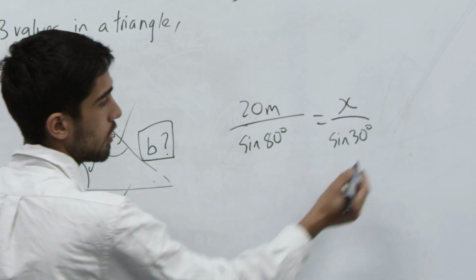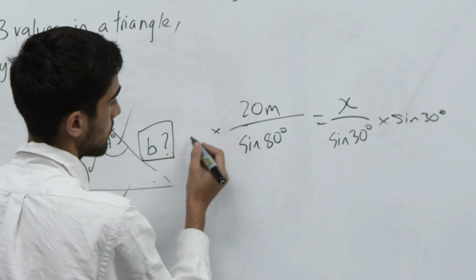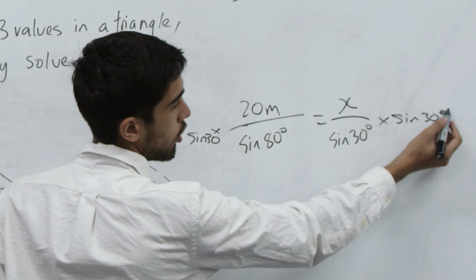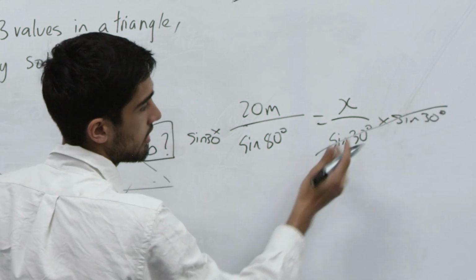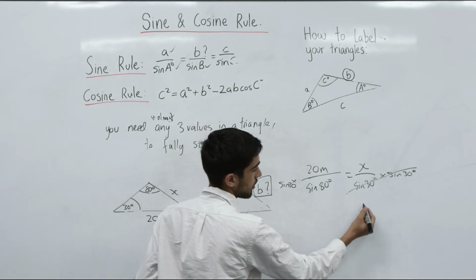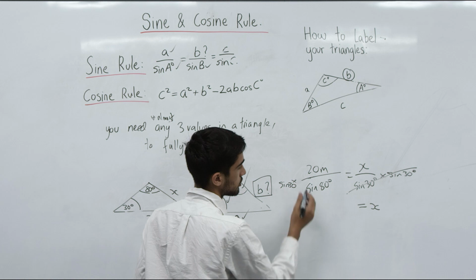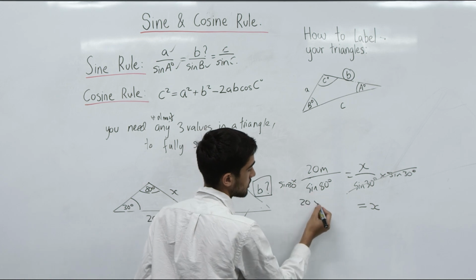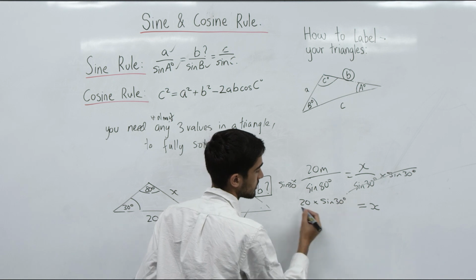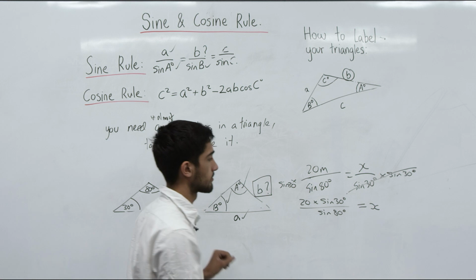How do we do that? We multiply both sides by the sine of 30. And the reason we've done that is the whole purpose is to cancel it on this side, or in other words, bring it to this side. So on the right-hand side, we get X by itself is equal to 20 times sine 30 degrees divided by the sine of 80 degrees.